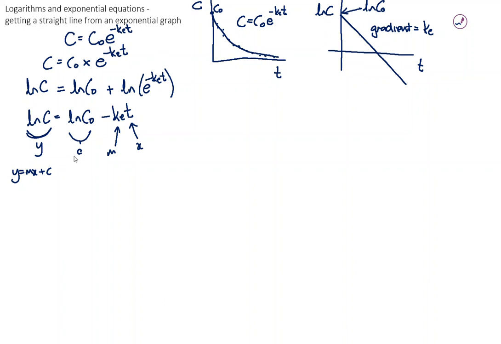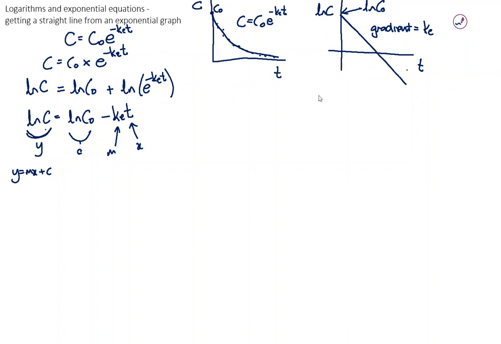So we've got y equals c minus mx, just because the slope is going down. This shows that if you plot ln C against t, you'd expect the equation of a straight line, where the y-intercept is the natural log of C0, the initial concentration, and the gradient is a value for Ke. So this is a quick, easy way of getting an estimate for Ke.